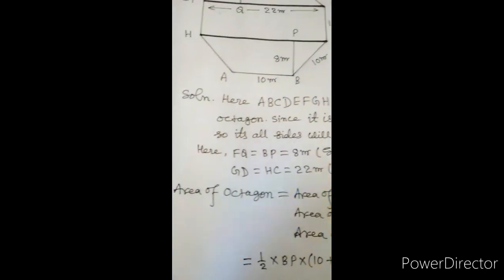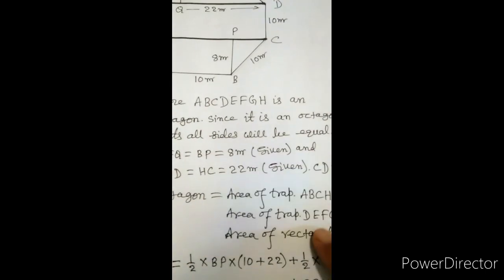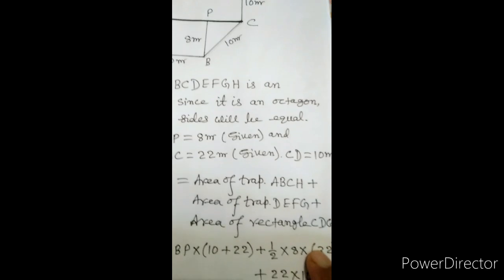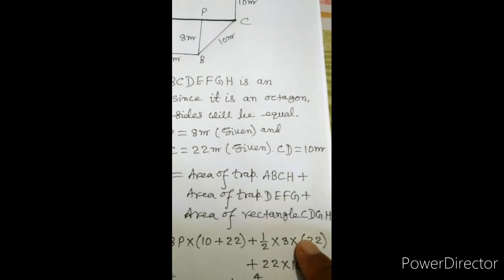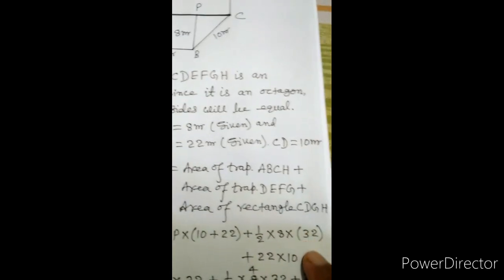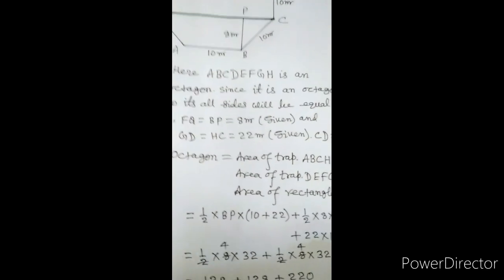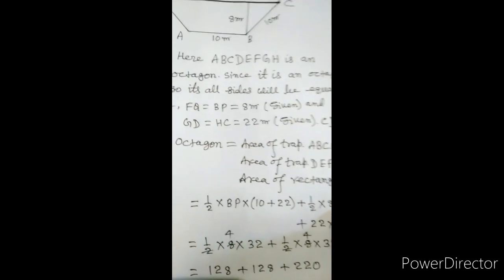Now, area of octagon is equal to area of trapezium ABCH plus area of trapezium DEFG plus area of rectangle CDGH. We will find its area and add to get area of this octagon.